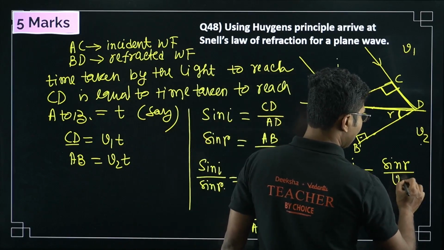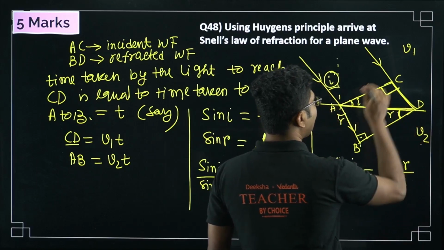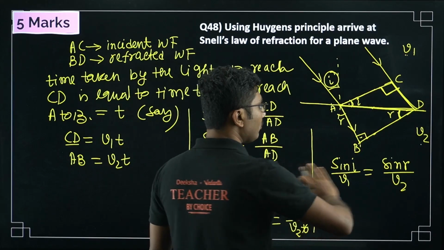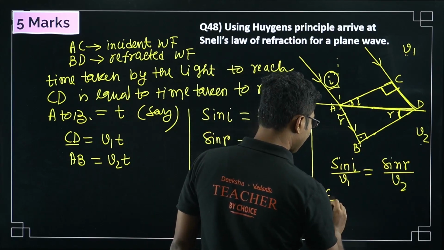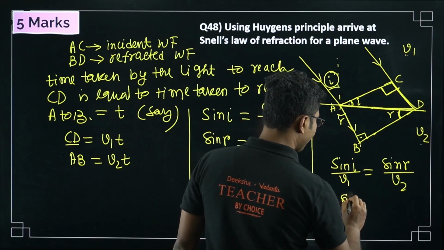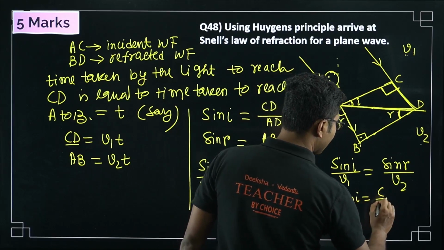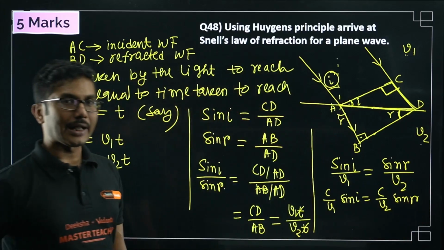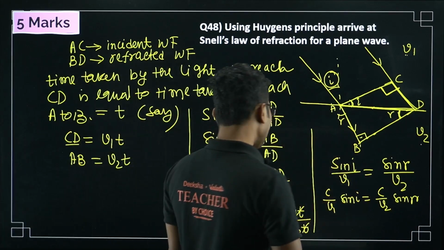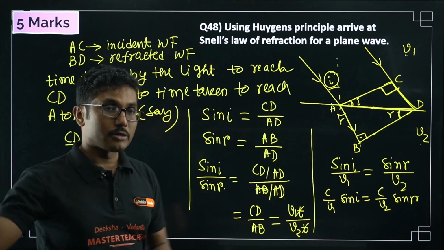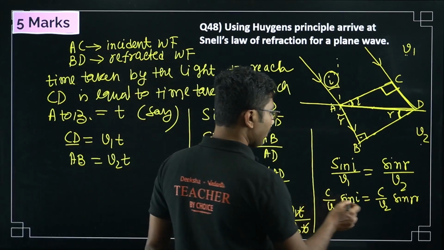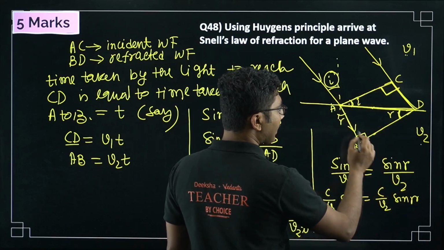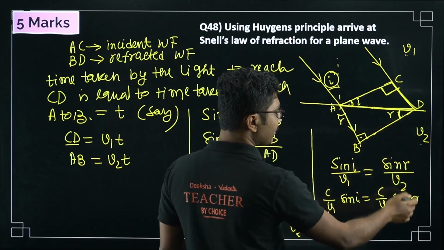So V2 was with R, V1 with I. So we have segregated based on that. Now what we will do, we will multiply C on both sides. So C by V1 sin I equals C by V2 sin R. So this is the easier way to remember. That is why I am doing it this way. Okay, I have done it in a higher method also, but this is an easier way to remember. I and V1 are in the same medium, so they should be staying together. R and V2 are in the same medium, so they should be staying together.